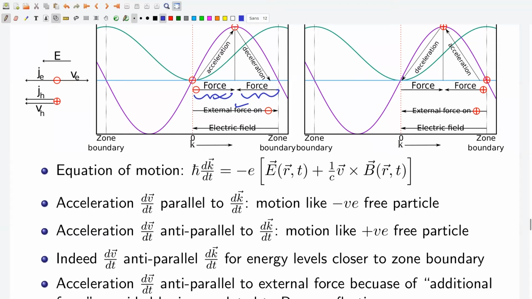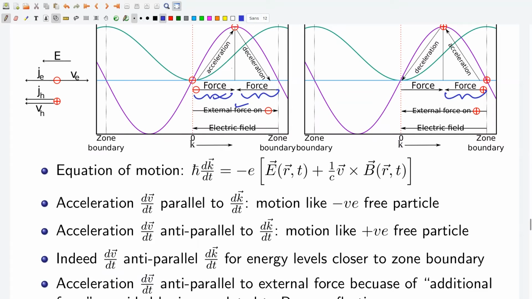However, instead of considering the motion of a negatively charged particle, if we consider the motion of a positively charged particle in an electric field, then in this region, the net force on the hole is parallel to the external force.